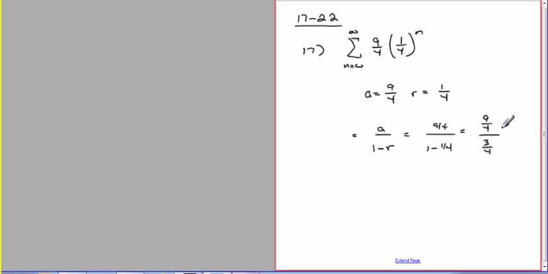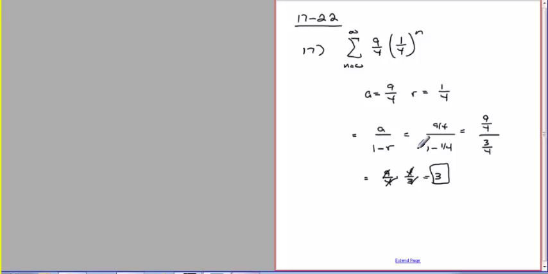If we take the reciprocal of the denominator and multiply it out, the 4's cancel out. 9 divided by 3 is 3, and so the answer is 3. Okay, so that's what it converges to.